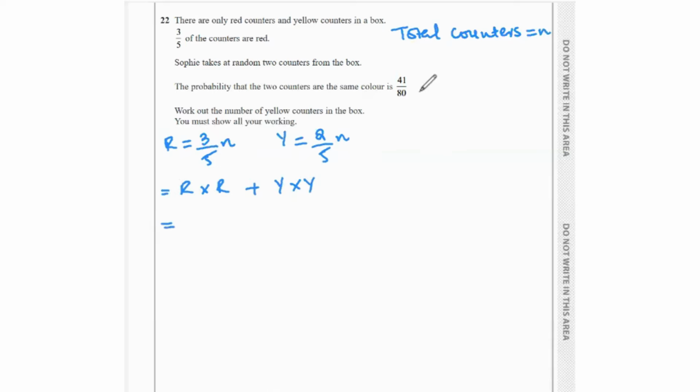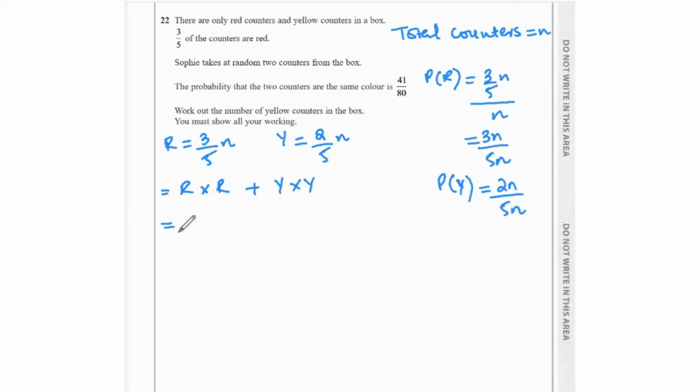So the probability of taking a red counter is 3/5 n out of n, so that's basically 3n over 5n. And same for probability of yellow, 2n over 5n.